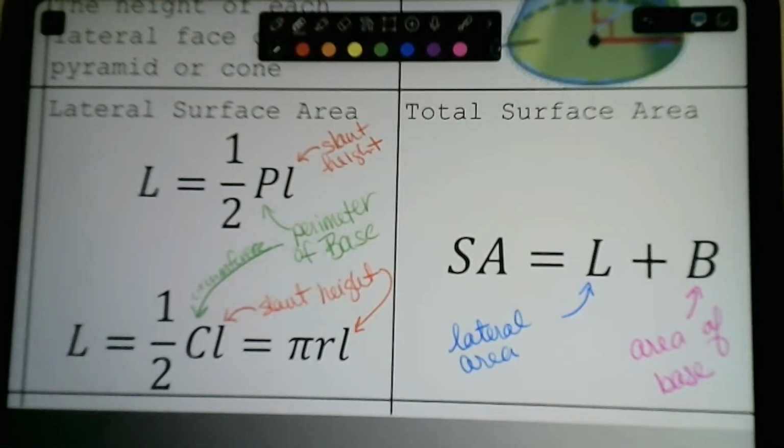And it's not height this time for the lateral surface area, it's the slant height, the distance you would be climbing up a ladder if you lean the ladder against the side of the pyramid. And the total surface area is the lateral surface area plus the area of the base face. Since there's only one base face, there's only one B, and it's a capital for the area of the base face.